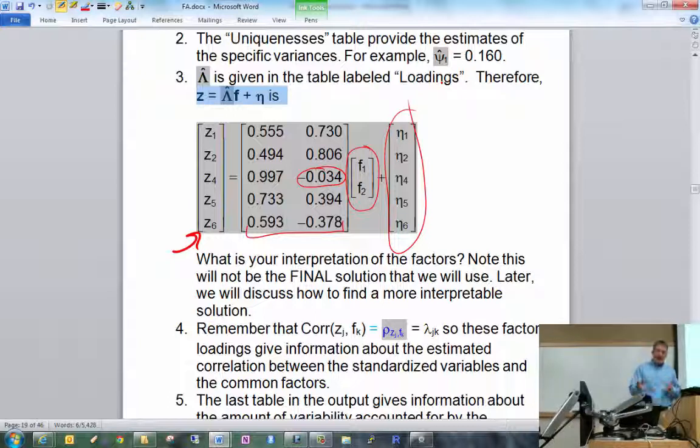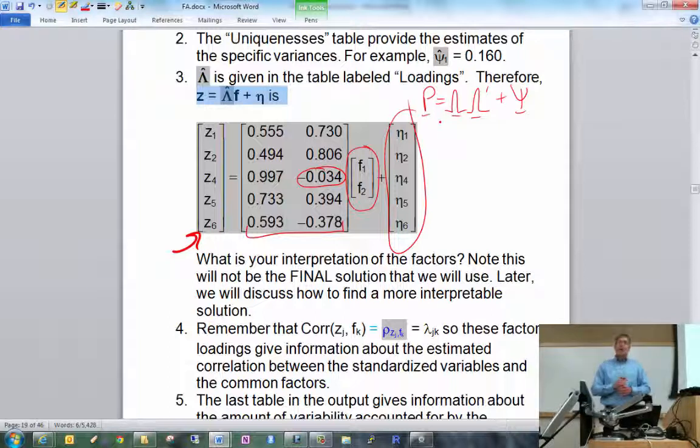Now, in order to estimate this model, we use the following relationship here. Based upon our factor analysis model, we could write our covariance matrix like this, where P is our correlation matrix. Lambda is our factor loading matrix, not the estimated version, but the actual version.